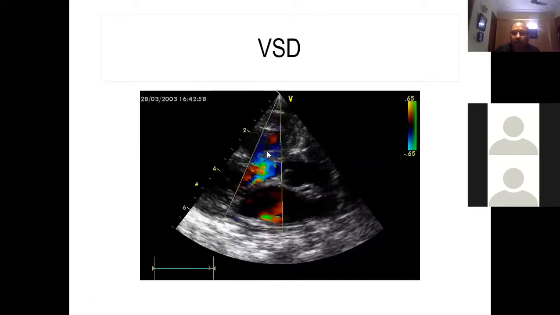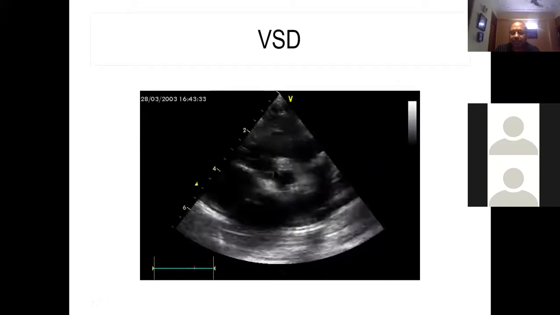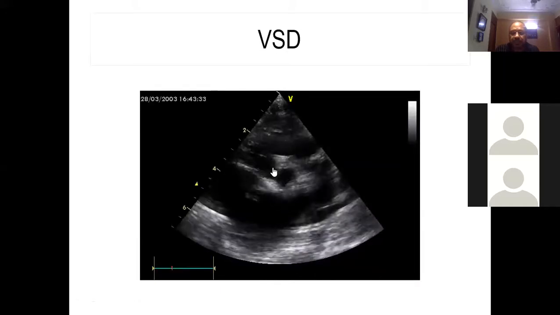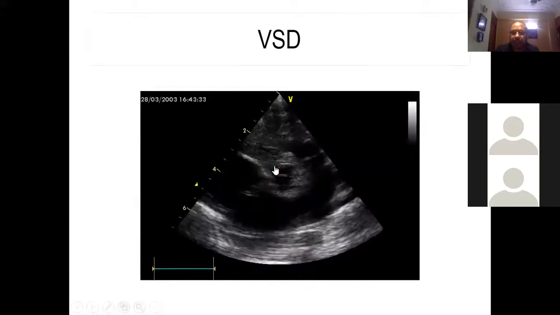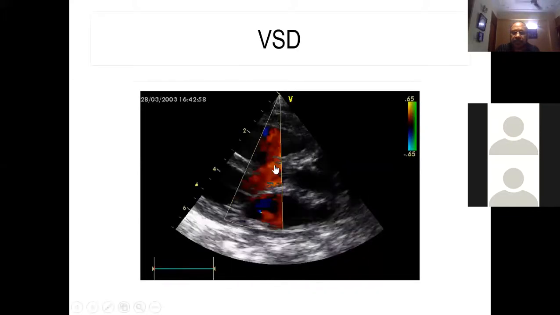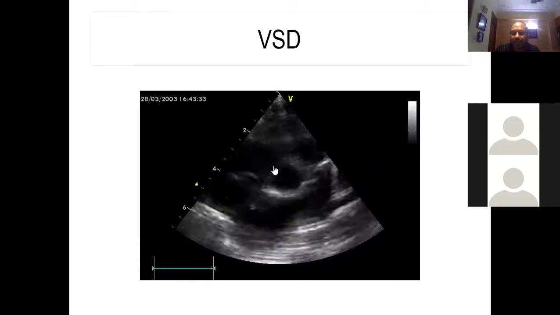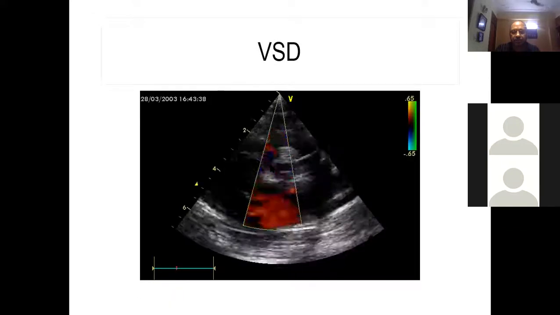Here, look, the blue color is coming in this space. So this is a bidirectional shunt. And this perimembranous VSD is also seen in short axis view as a perimembranous VSD, but the flow has become bidirectional.